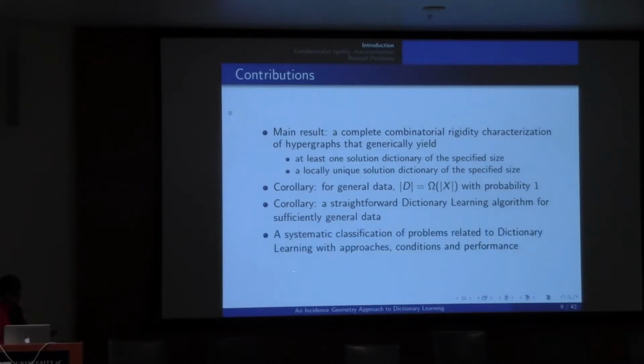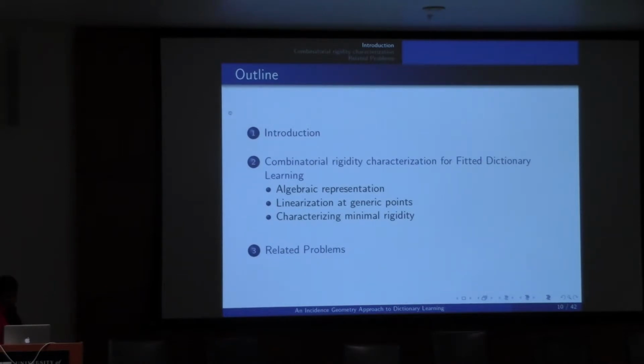And then we were also able to look at a bunch of other geometry problems that are related to dictionary learning, and compare this approach with the existing approaches which I had in the previous slide. So the actual core of the talk is just this technique, really.